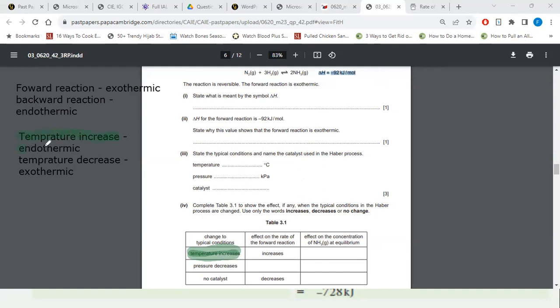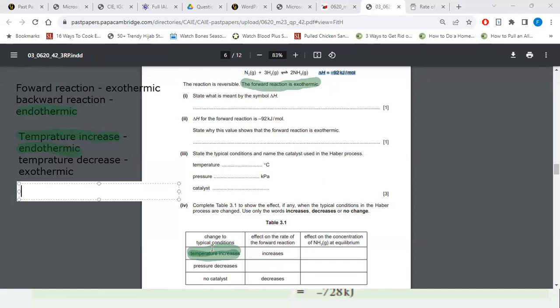Completely correct. Good job. Now, they told you the forward reaction is exothermic, so that means the backward reaction must be endothermic. So where is the reaction going to go? Is it going to go forward or backward? Backward.